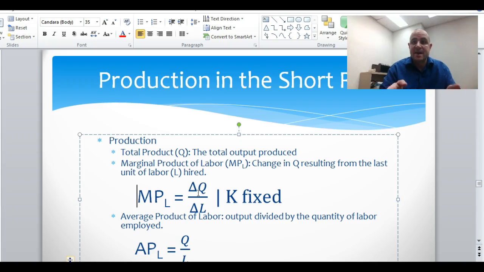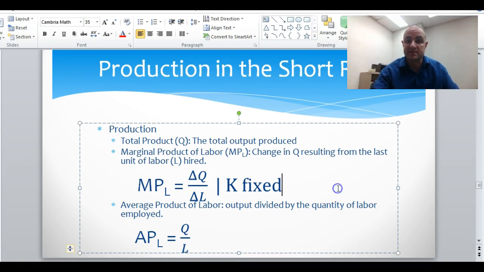By saying that capital is fixed, the only thing that's changing is labor, so that's the only thing that could really be causing the output to change. Now, the average product of labor is the output divided by the quantity of labor. It's on average how many units of output each unit of labor is producing.